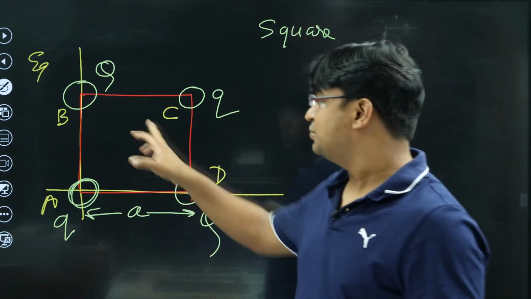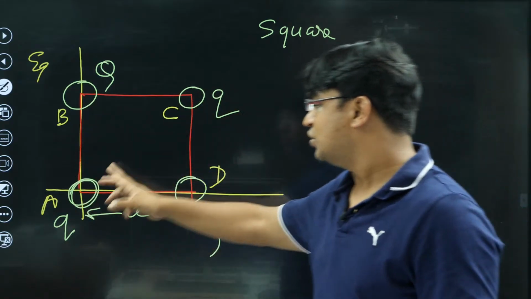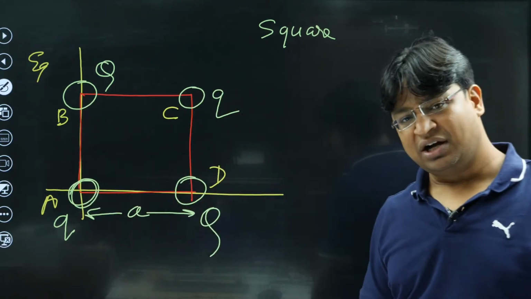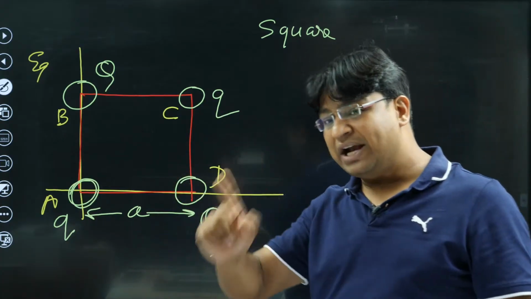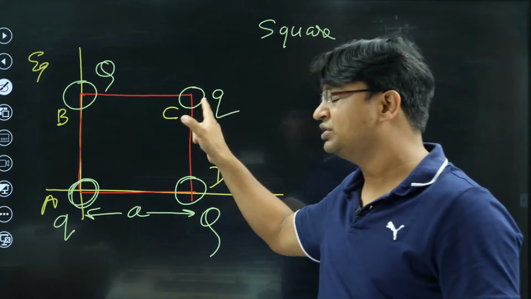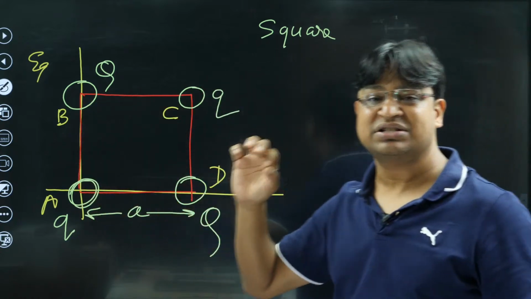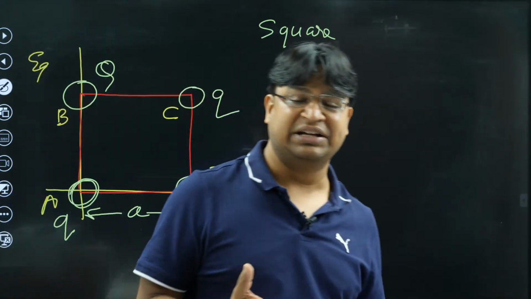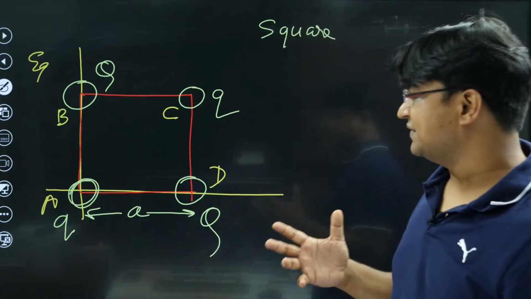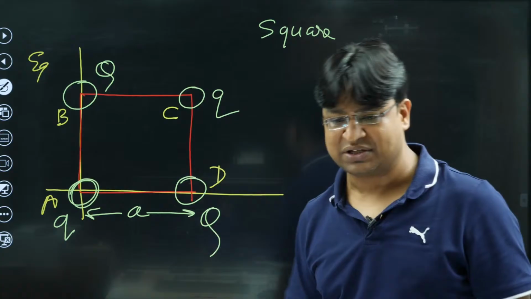These two particles have the same charge, same magnitude, same polarity. These two also have the same charge and same polarity. To achieve a net 0 force on C, can all these particles have the same polarity? Can all these particles have the same sign? Yes or no? Like, can all of them be positive charges?